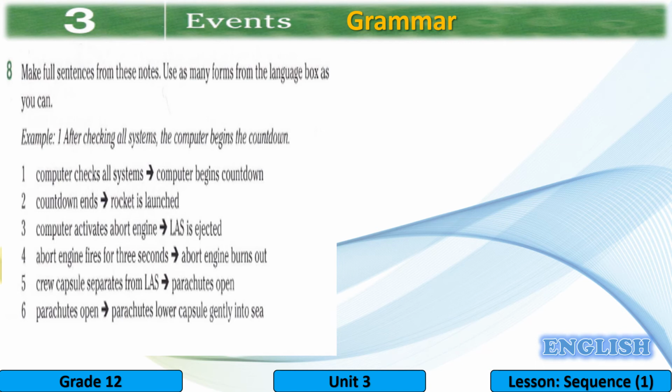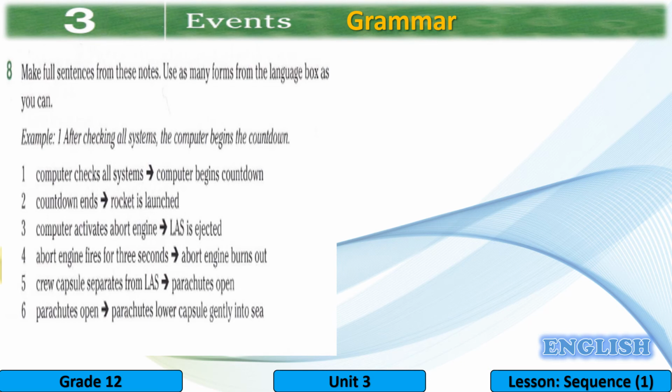Dear students, I want you now to do exercise number 8, which says, make full sentences from these notes. Use as many forms from the language box as you can. Of course, number 1 is made as an example for you. The sentence is, computer checks all systems, computer begins countdown.